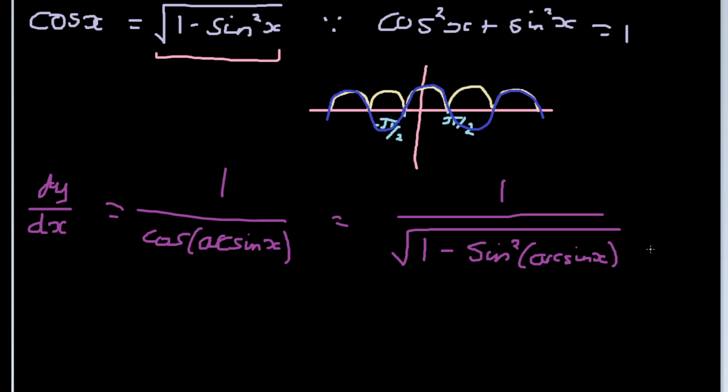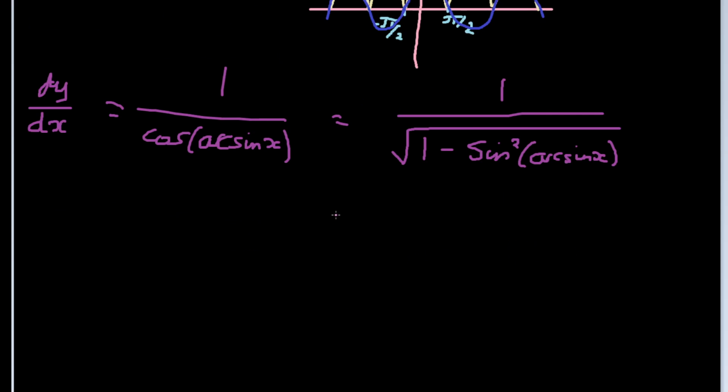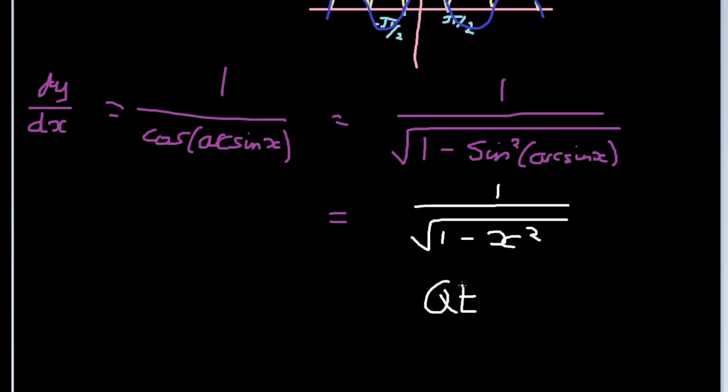Sine of arcsine x is just x, so we get the final answer: 1 over the square root of 1 minus x squared. Q.E.D.